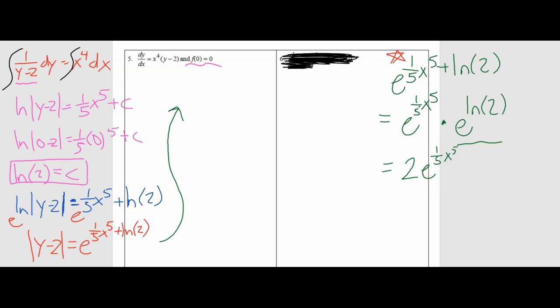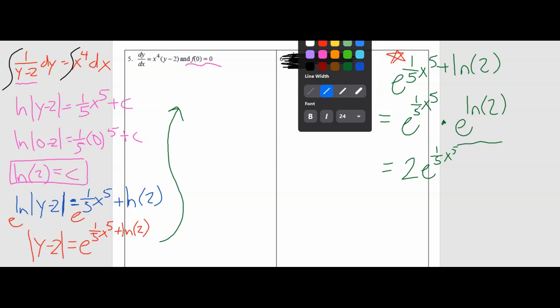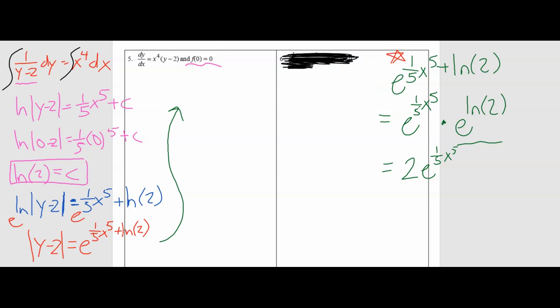So I'm going to come up here, and I'm going to get the absolute value of y minus 2 is equal to 2 times e to the power of 1/5 x to the power of 5. Now, to undo the absolute value, I'm going to get a positive or negative quantity on the other side.